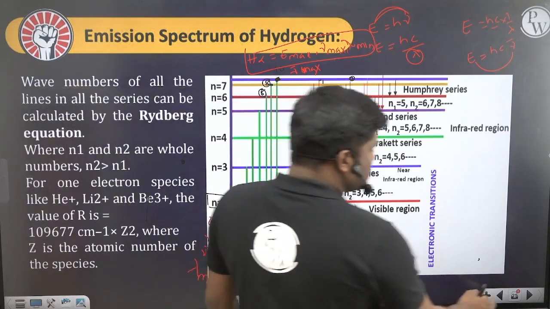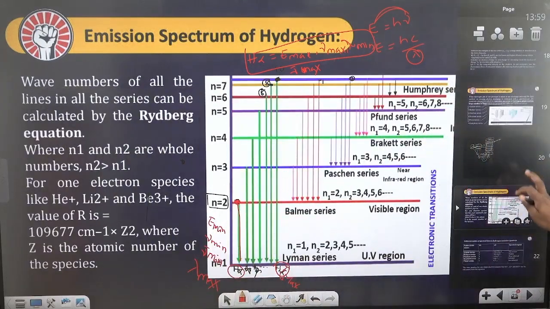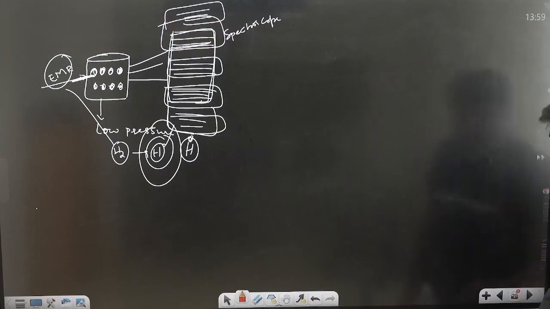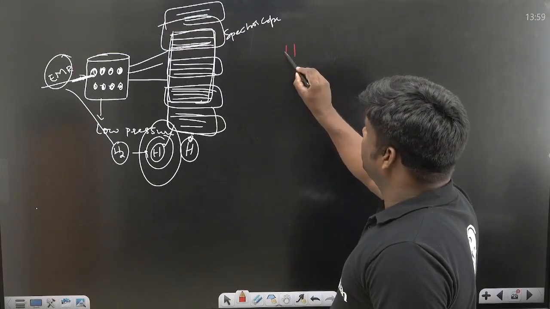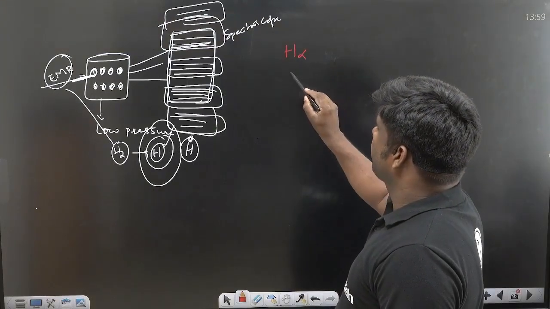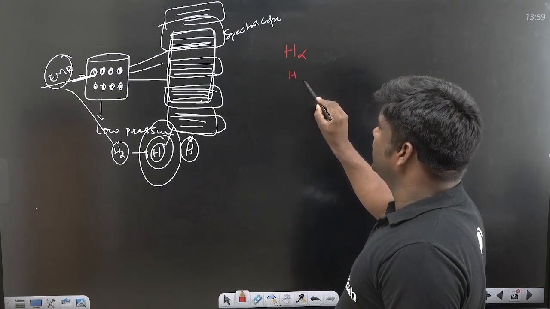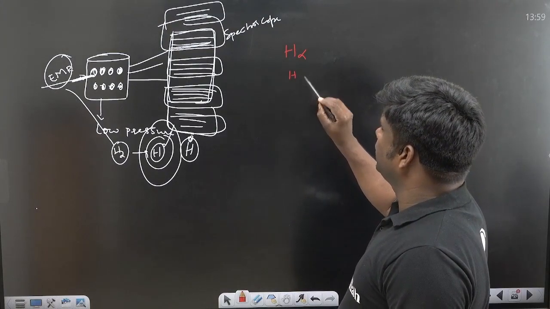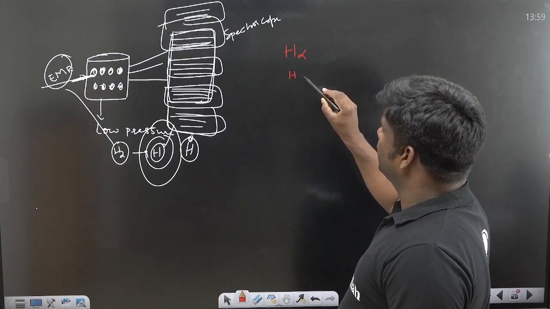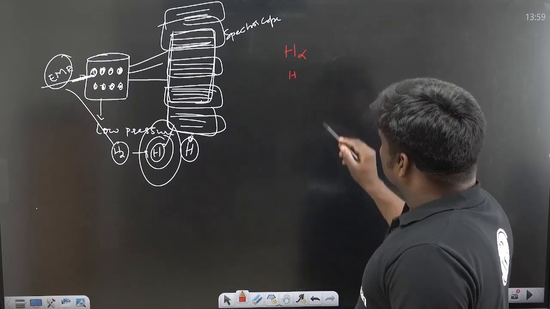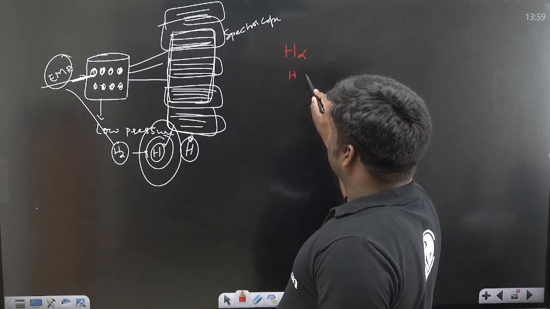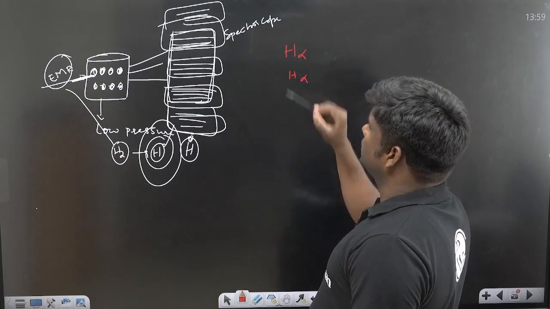In any series, this is the H alpha line, H beta, H gamma and H infinity. Both look the same but these are different.